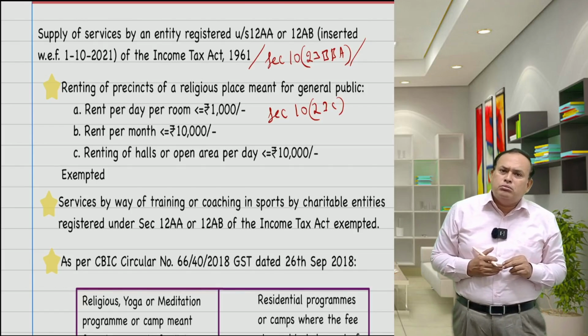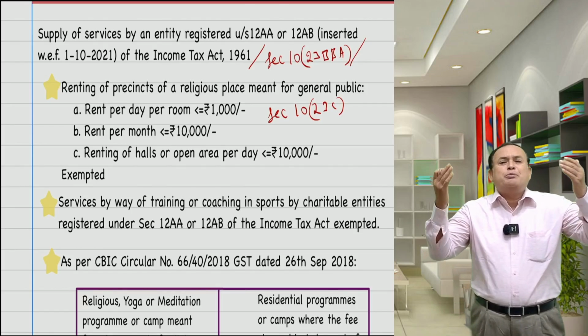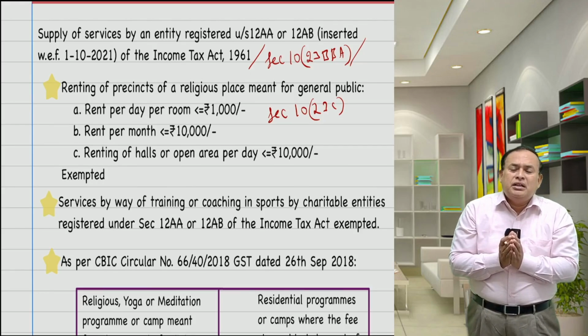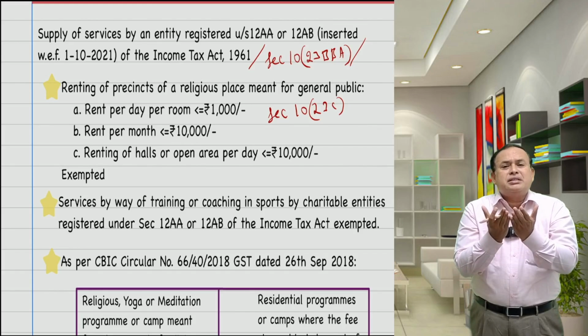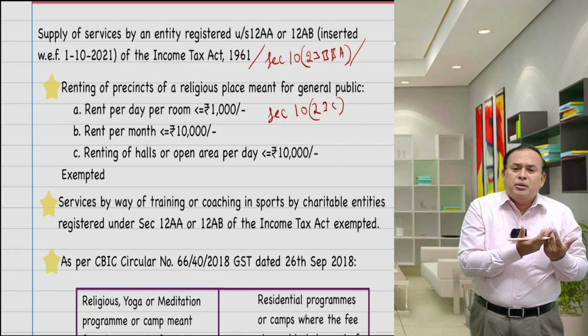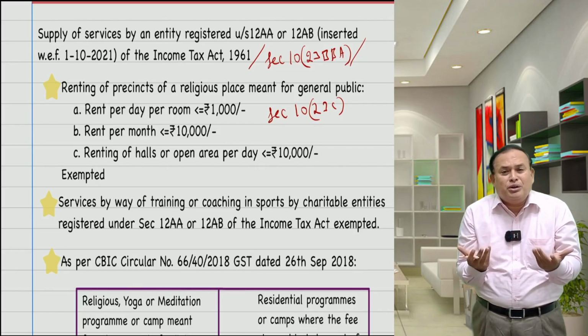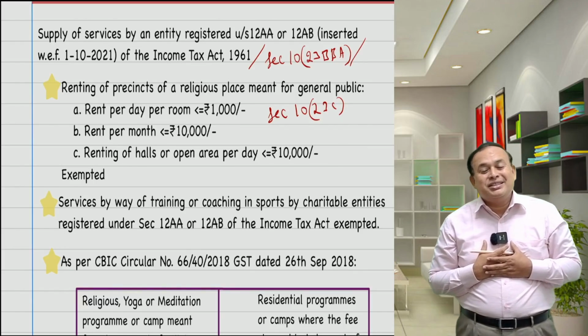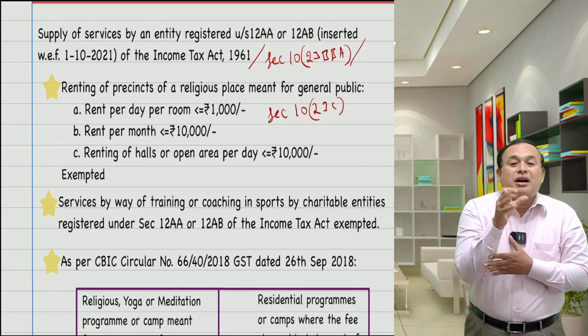Per day per room, Tirumala Tirupati Devasthanam, Tirumala, where we have cottages. Various people come over there, all over India, not globally, and they want to reside in Tirumala for 2 days, 3 days. There they book the cottage.